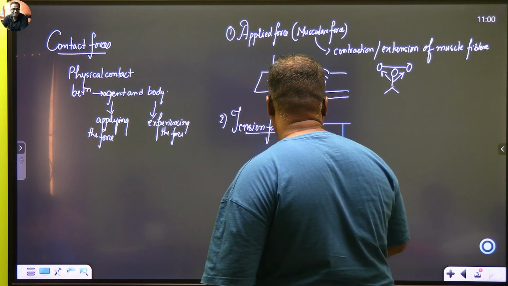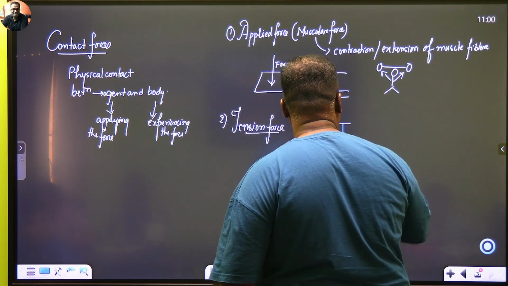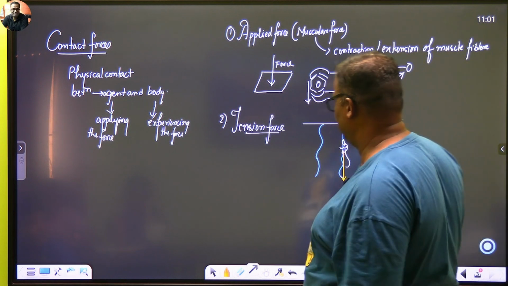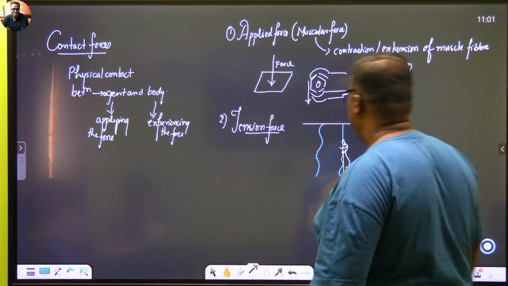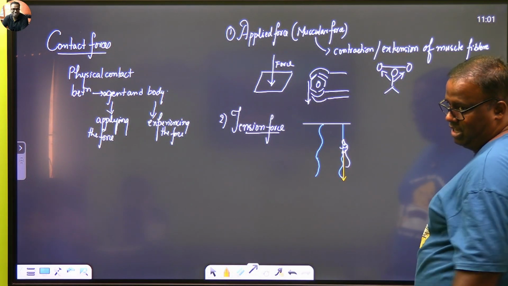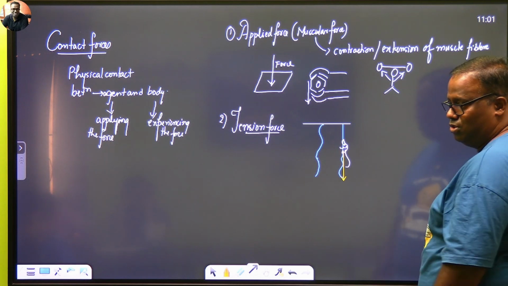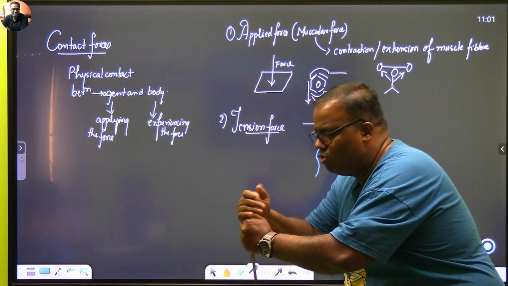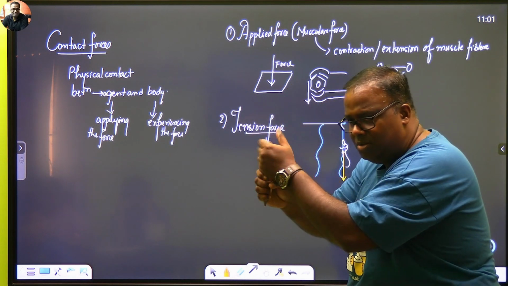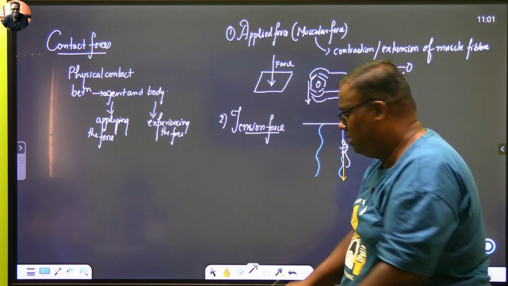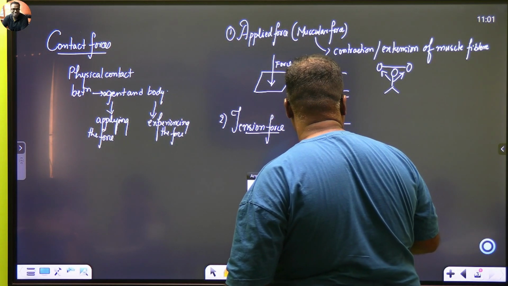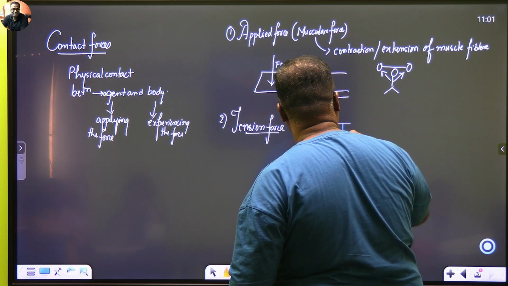Look, is this monkey being attracted towards the earth? Yes, the monkey has to be attracted towards the earth. Then the monkey is stationary. That means we have to balance this force. Don't you think we have to balance this force? Someone is pulling it down, so we need someone pulling from above, only then it will stay here, otherwise it will fall down. So to lift it up, we create one more force, this one.